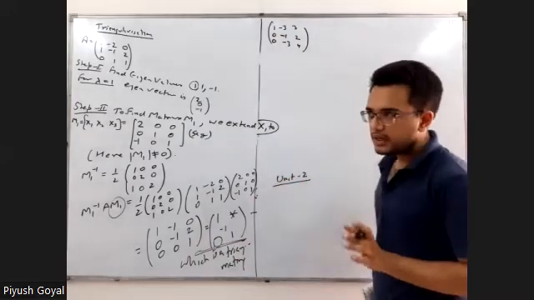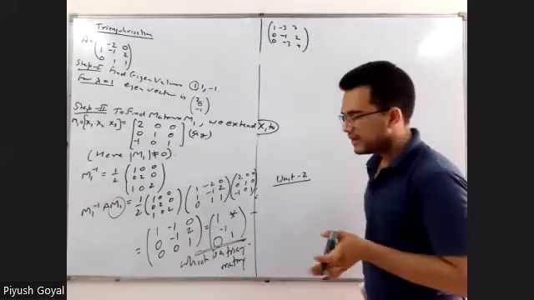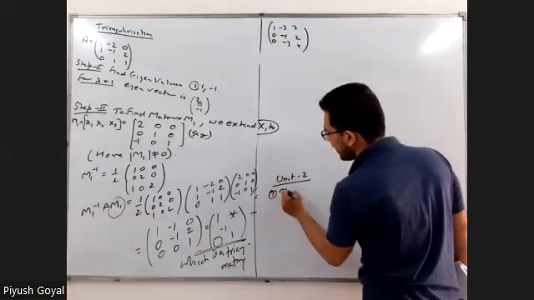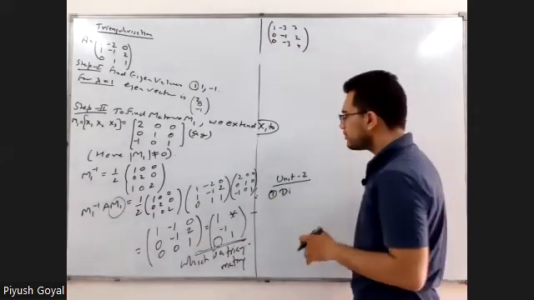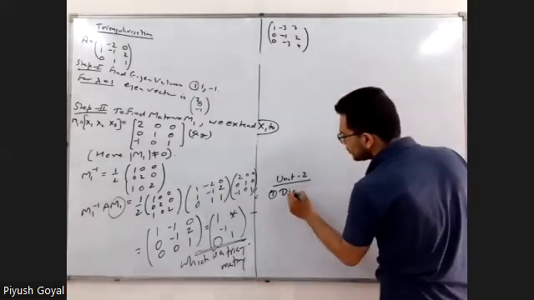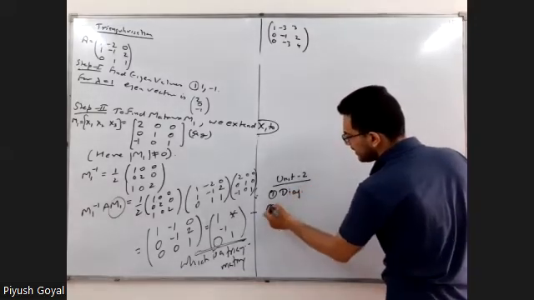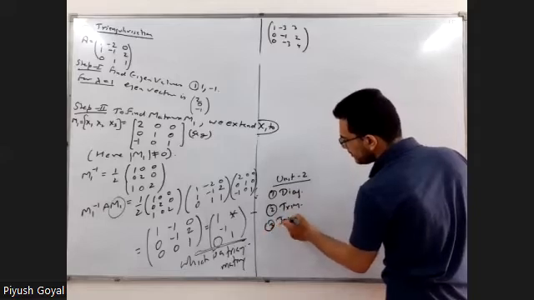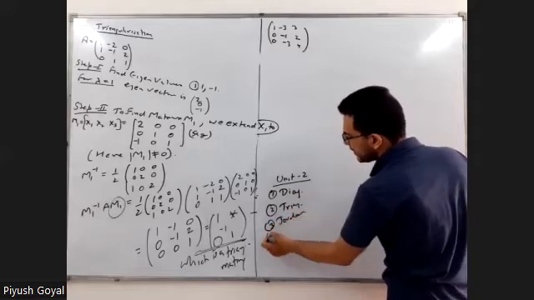This unit is particularly easy because it has many numericals. I am not saying all will come in your exam, but many will come. So first is diagonalization, second is triangularization, third is Jordan form, and fourth is canonical form.